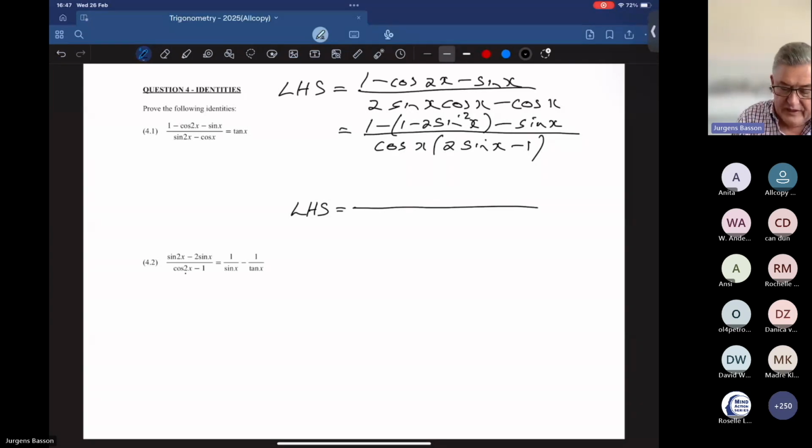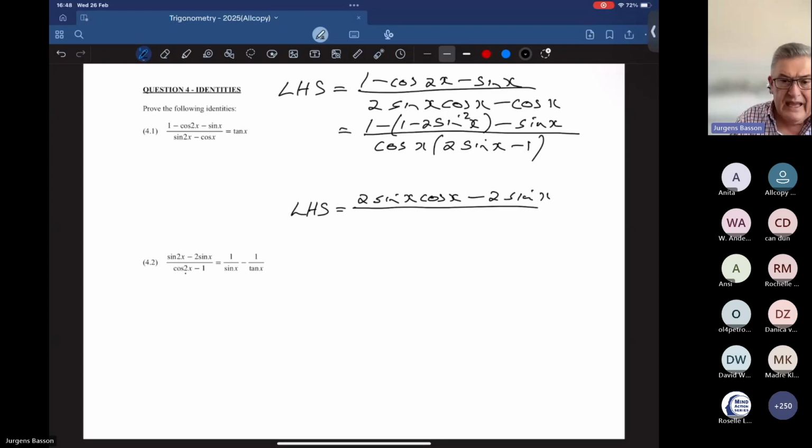That sine of 2x, no problem. It's 2 sine x cos x. And then I say minus 2 sine x. That one we don't need to do anything. It's just the 2 sine x. And my denominator is the cos of 2x minus 1.